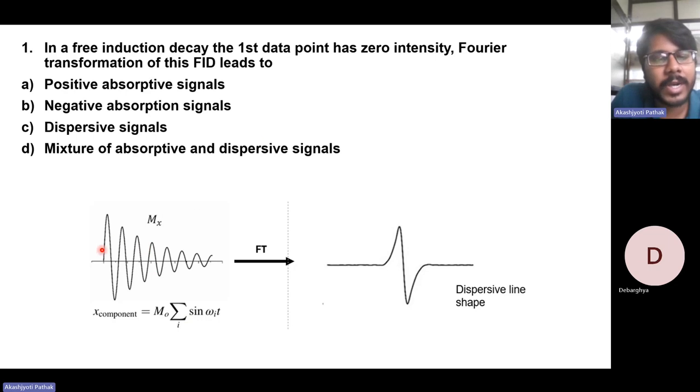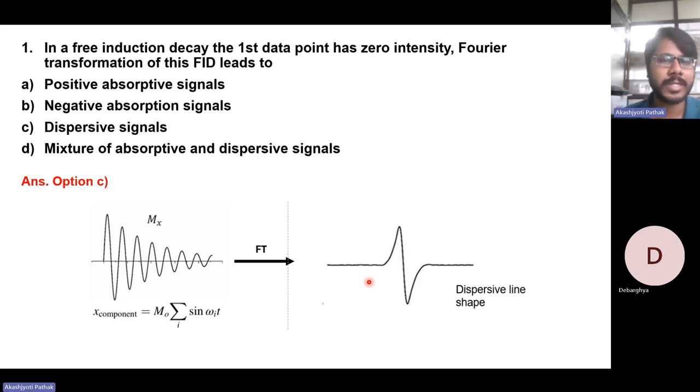So if the first data point has zero intensity, this means that Fourier transform of this will give us the dispersive line shape. So that is the answer.